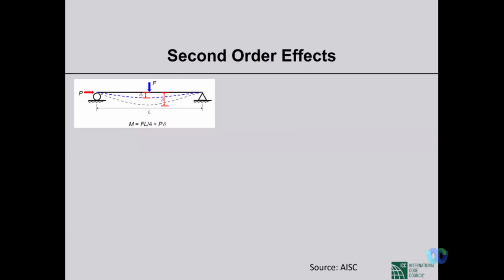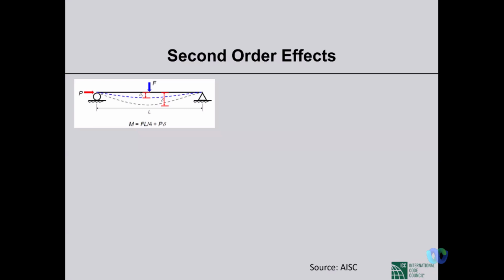But if we consider the deformed shape, and see that due to the application of F there is deflection delta 1, this P load, the axial force, will introduce an additional amount of moment in the mid span, which will be P delta 1. You know that for calculation of deflection, what do we need?